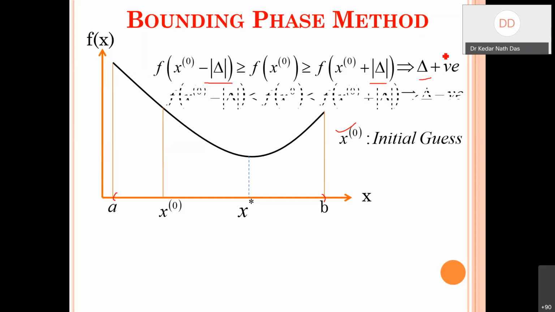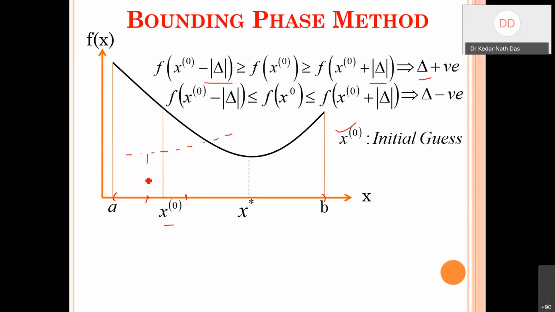Then after, we have to go for the other condition where the left hand side is going to be less. The function value at the left hand side is going to be less than the function at x0, which is again less than the function value at the right hand side. So if it is the case, then the delta is negative. So it indicates that the graph will go like this.